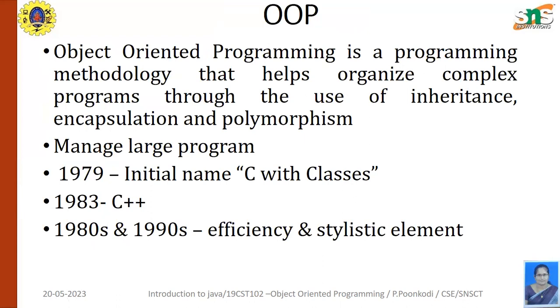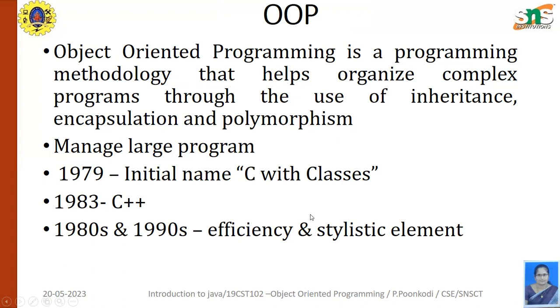Next. Basically, object-oriented programming is a programming methodology used to help organize complex programs using three concepts: inheritance, encapsulation, and polymorphism. These are the main concepts of our Java program, which come from object-oriented programming, and it is able to manage large programs.